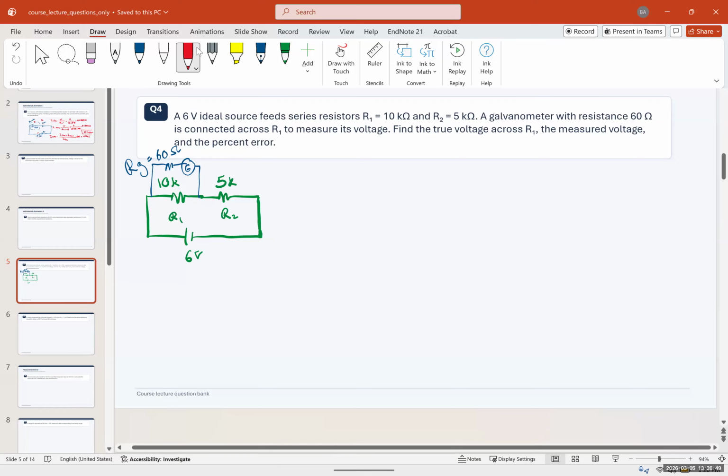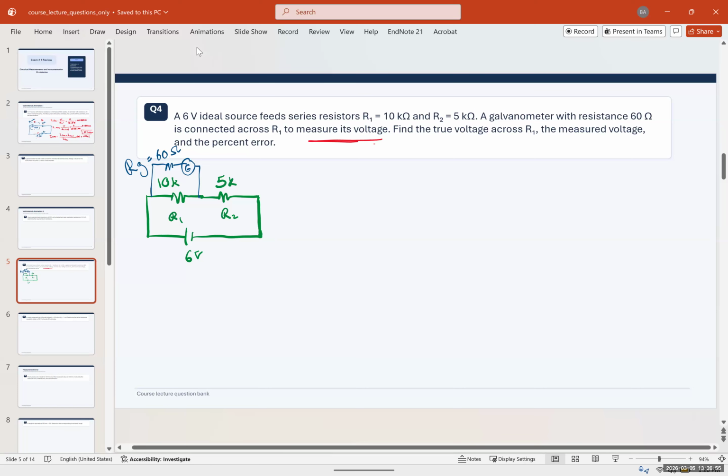Now, in this question, what is the galvanometer used for? It's to measure what? Voltage. So we have 2 resistors in series, and we want to measure one of the resistors' voltages, okay? So the galvanometer works as a voltmeter.